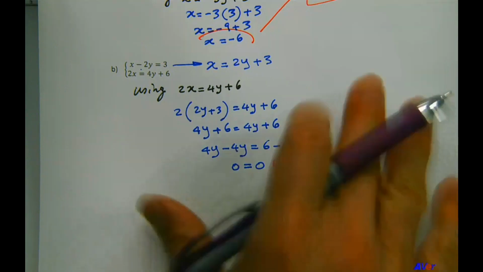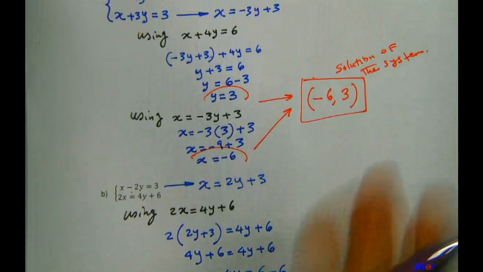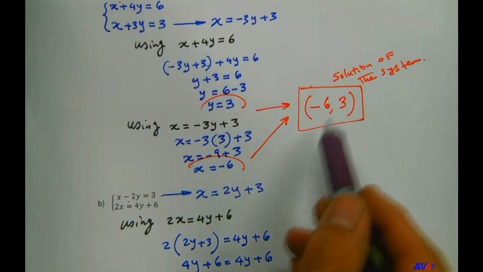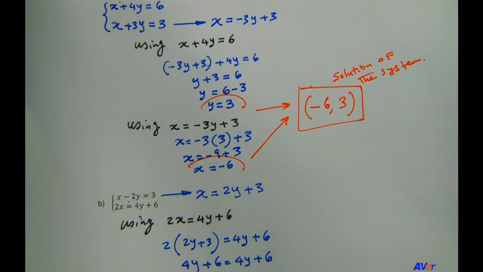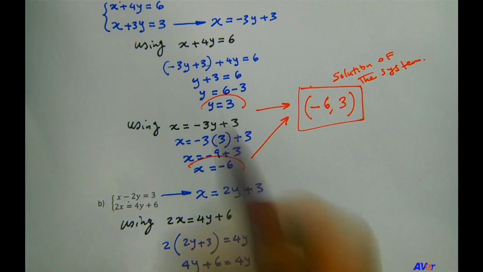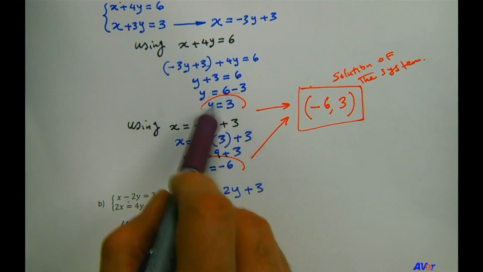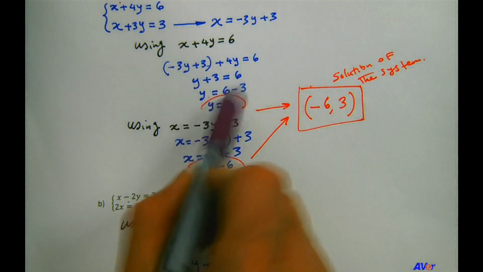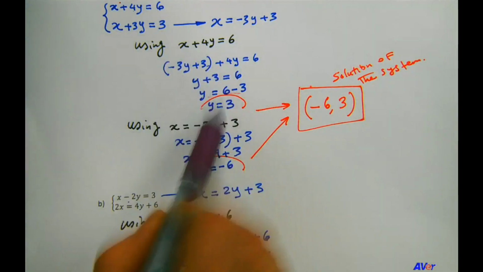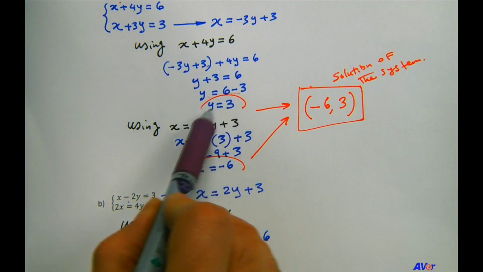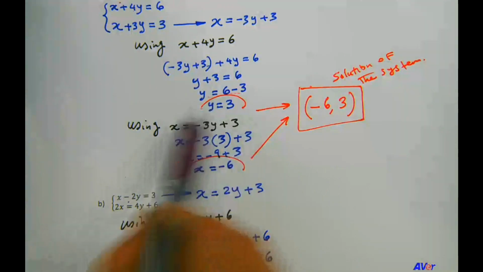Because remember, in the above case, where there was a unique solution, which we saw graphically and we found a solution for, the result of this substitution was dependent on the variable y being equal to 3.